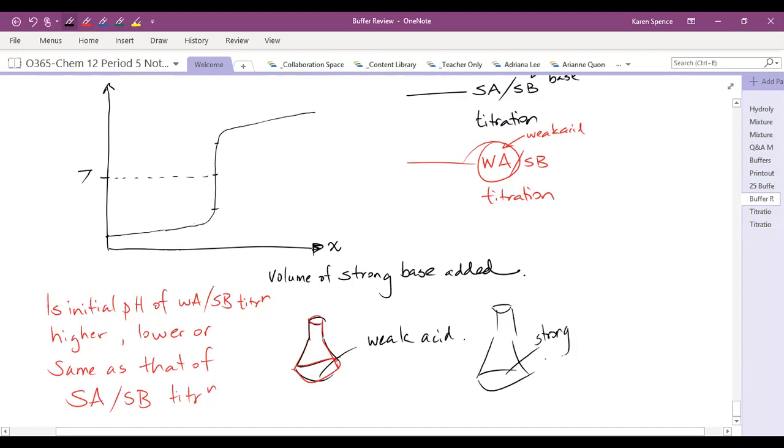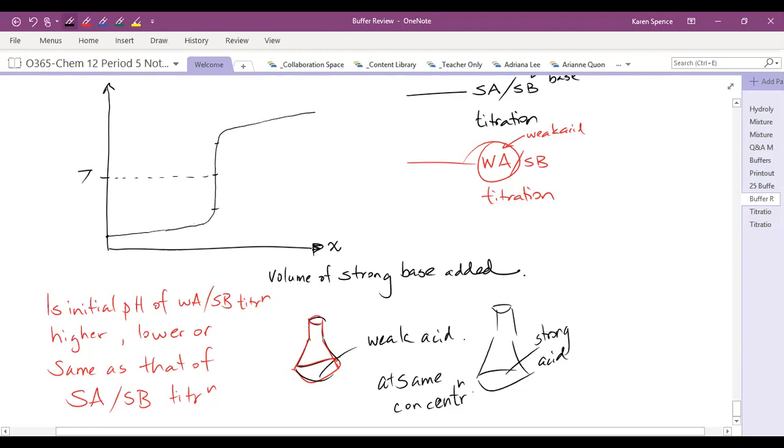Let's assume the concentrations are the same. Yeah, initially it is going to be higher.